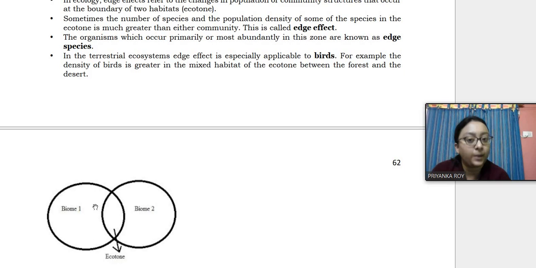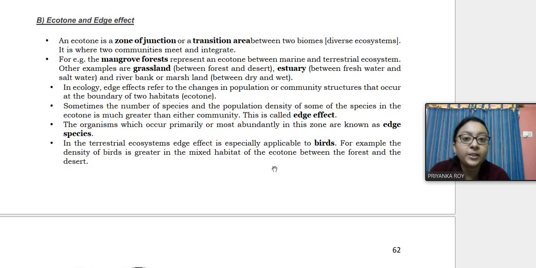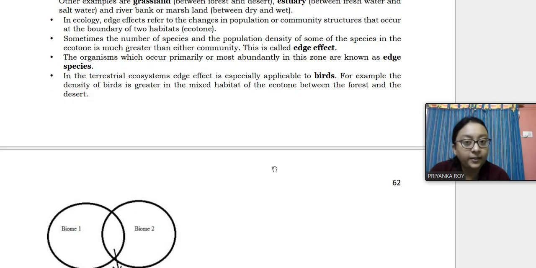If you can see here, biome 1 and biome 2 are overlapping with each other, and this overlapped space is called an ecotone. So the ecotone is basically the area where both biome 1 and biome 2 combine.